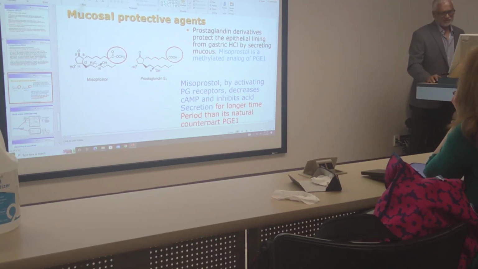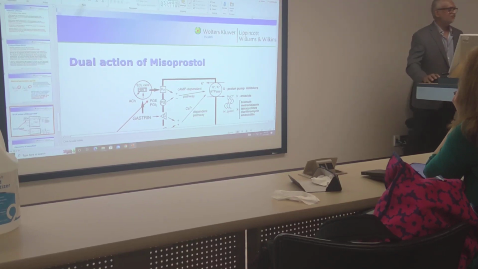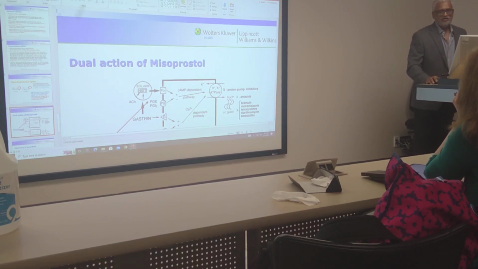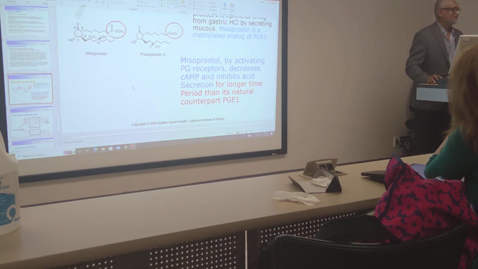The other thing is the same misoprostol can increase the mucus secretion, and that can protect the lining of the cells. Do you mind going back one slide? The bottom right portion of that sentence, "for longer time period than its natural counterpart," is something I added while reading.